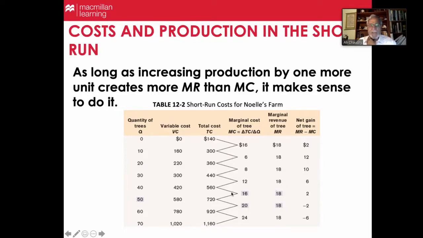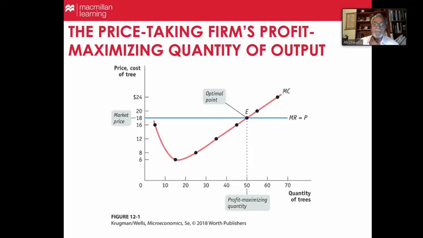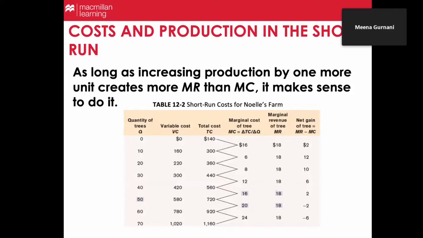In the same way, we continue. If you go from 30 to 40, the marginal cost is 12. When we go from 40 to 50, the marginal cost is 20. But when we go from 50 to 60, we find that our marginal cost is actually beginning to go up.